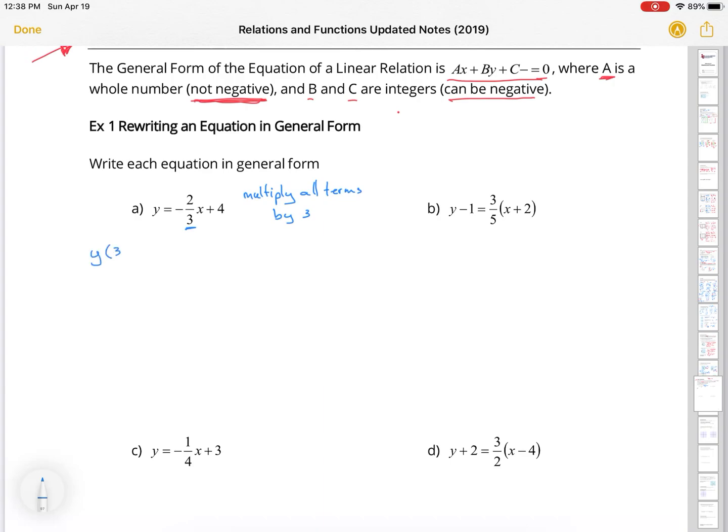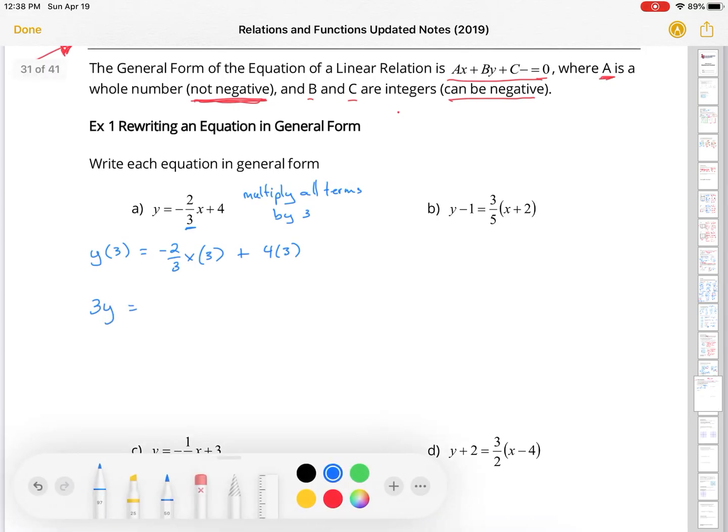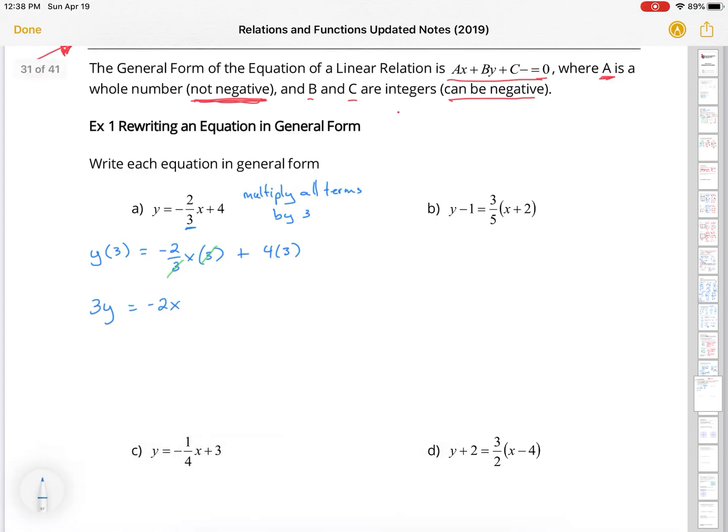So we're going to go y times 3 equals negative 2/3 x times 3 plus 4 times 3. So when we multiply that, we get 3y is equal to, this 3 and that 3 will divide out, so we'll get negative 2x plus 12. This is because the fractions will cancel out here.